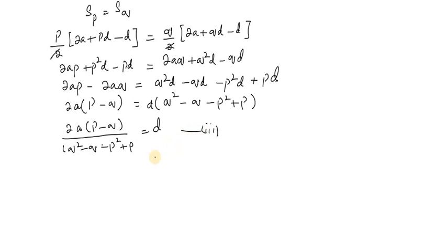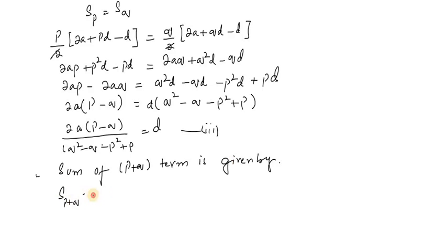And now we have to show that the sum of p plus q terms is 0. So the sum of p plus q terms is given by S(p+q) = (p + q) upon 2, putting in the formula Sn = n upon 2 [2a + (n − 1)d].